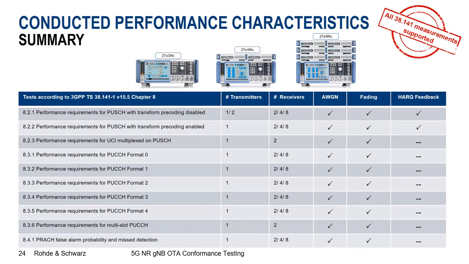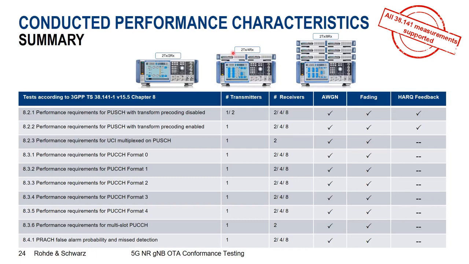This slide shows a summary of all Chapter 8 test cases. These tests require that the signal is connected to multiple receiving antenna ports of the base station, and therefore, of course, the generator also needs to provide these additional RF ports.